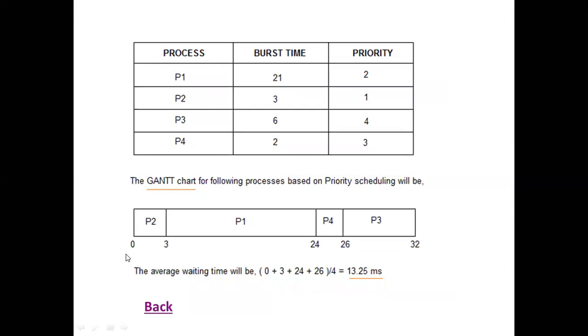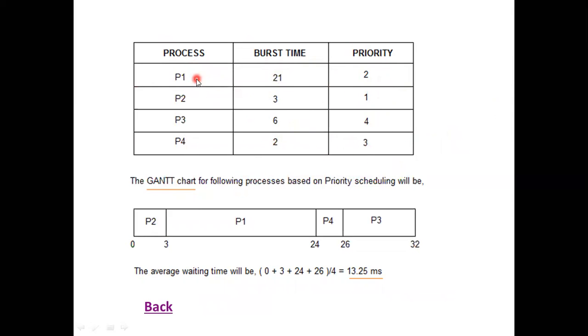We have a CPU, and now how does the CPU execute jobs based on their priority? We have, for example, P1, P2, P3, and P4. These are the jobs or processes. P1 requires 21 units of time, P2 requires 3, P3 requires 6, P4 requires 2.